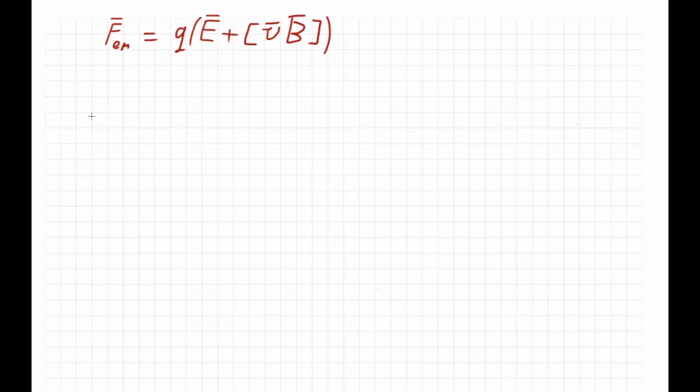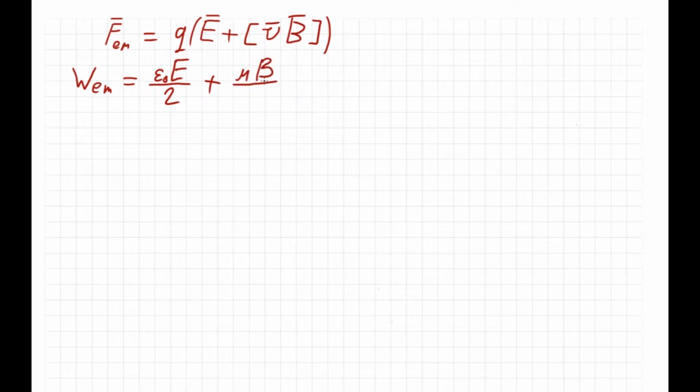Electromagnetic field has energy, which is expressed by this formula: electromagnetic energy equals electric field by permittivity divided by 2 plus permeability by magnetic field.